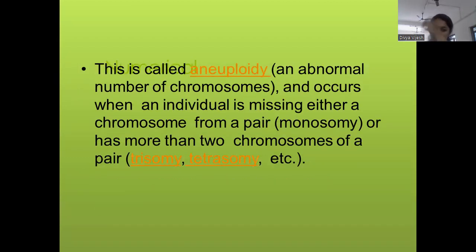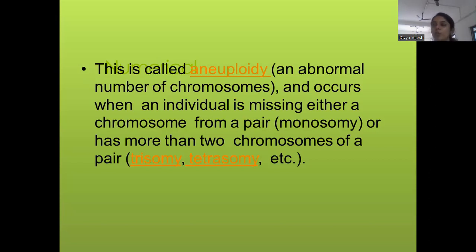When there is an abnormal number of chromosomes, it is called aneuploidy, and it occurs when an individual is missing a chromosome from a pair, that is monosomy, or has more than two chromosomes of a pair, that is trisomy or tetrasomy. So aneuploidy means abnormal number of chromosomes.